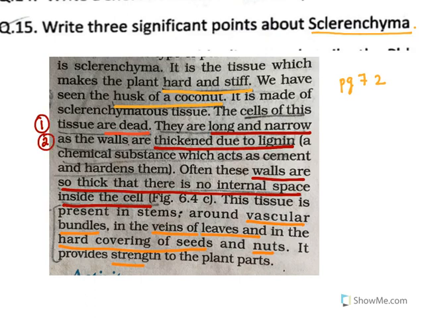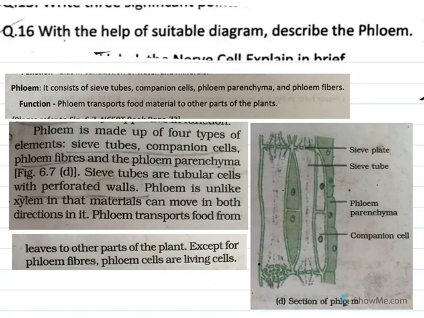They have this lignin. This lignin point is important. There is no internal space inside the cell. And where are they found? They are found in the hard covering here, in the vascular bundle, in the veins of the leaves.